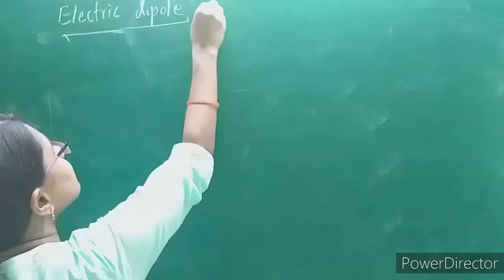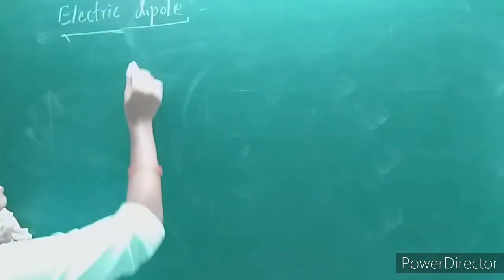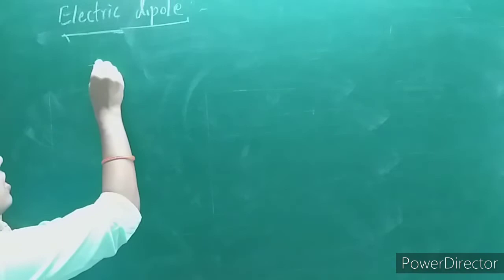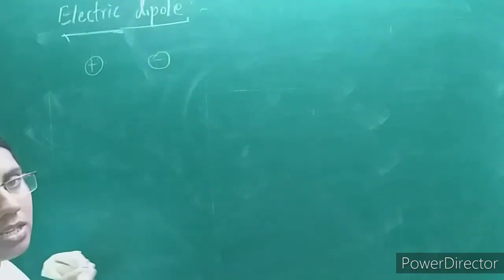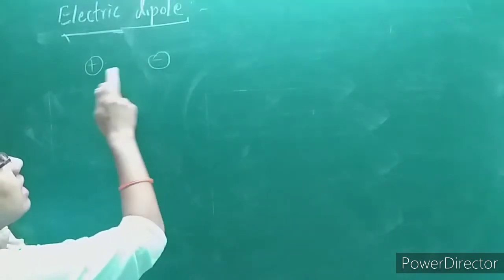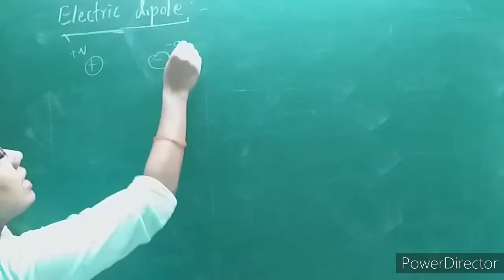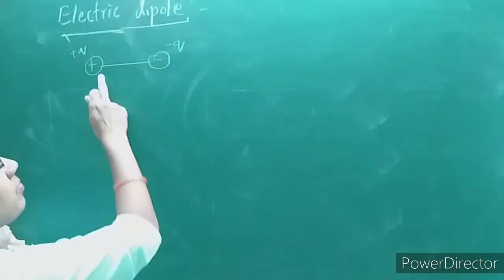See, the word itself says dipole, means two, right? That means electric dipole is a set of two equivalent opposite charges, separated by a small distance between them.